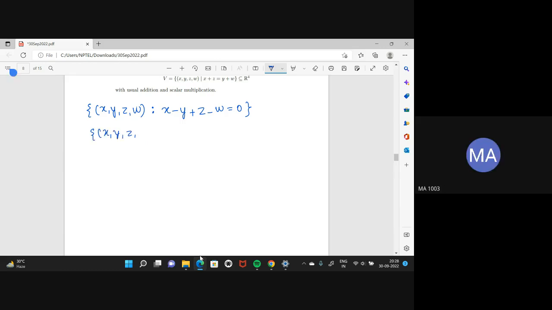So I can write this as, say, x is equal to y minus z plus w. So this I can write as the set of all (y minus z plus w, y, z, w), where there is no restriction on y, z and w. So what will be a basis? Or what will be a spanning set?